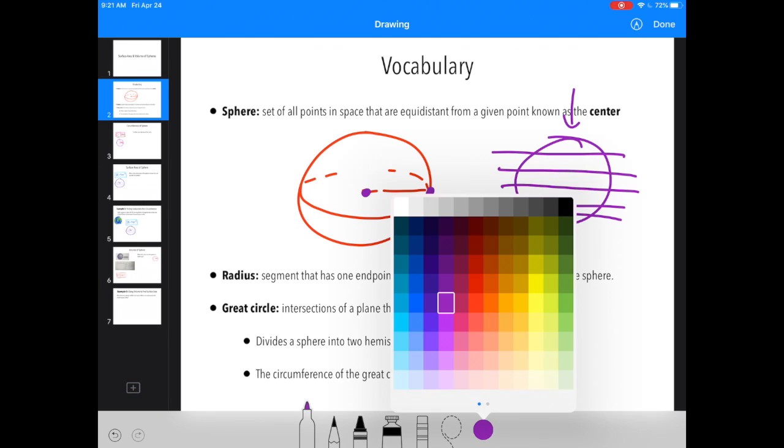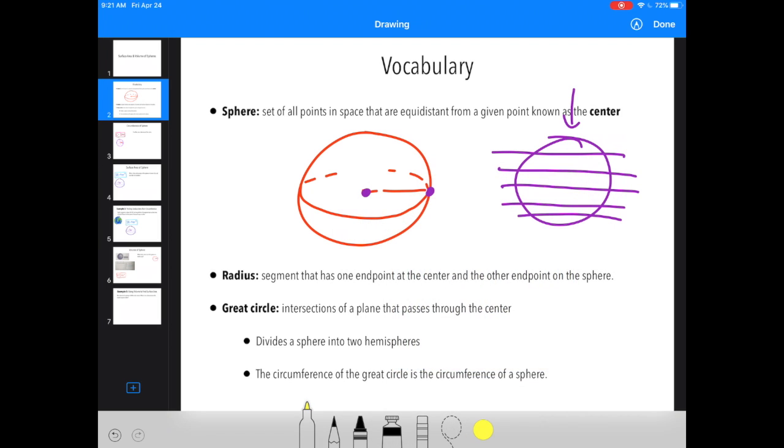However, we want to pay attention to one circle specifically, and that's one that crosses right across the middle, equidistant from both of these sides. That circle is known as the great circle. Why? Because that's the intersection of planes that passes through the center.